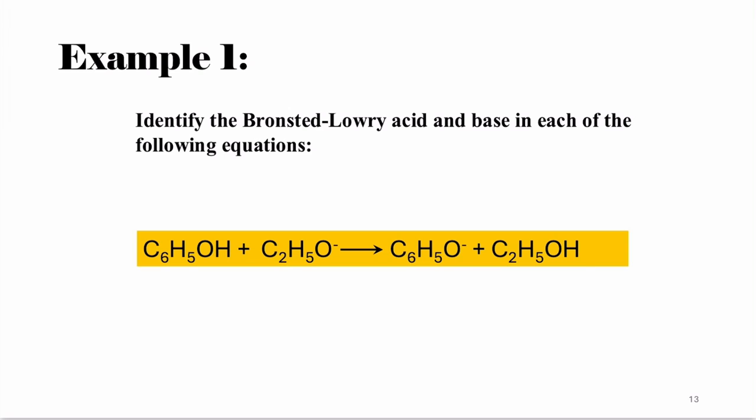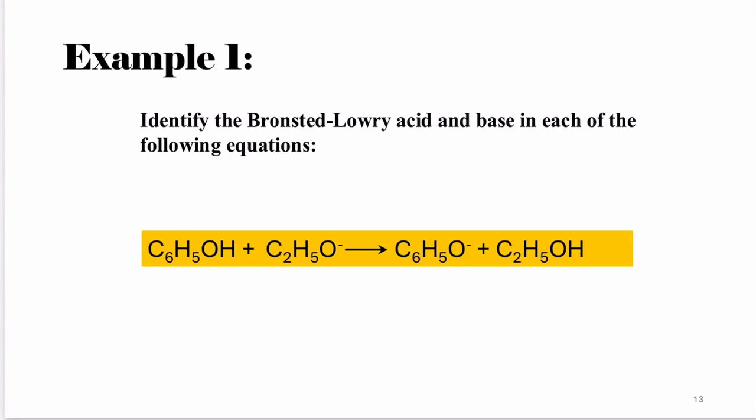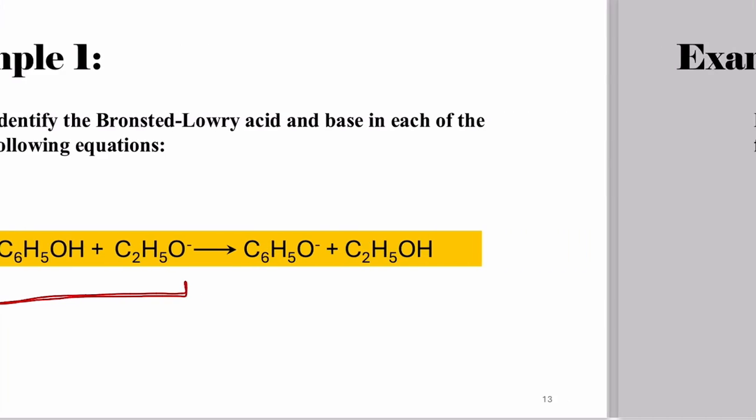And then how do you know? Right, we have the original acid or base, we're always looking at the reactant side of the equation, right? So we're deciding between these two. Which one is going to be the acid and which one's going to be the base, according to our definition of a Bronsted-Lowry acid or base.